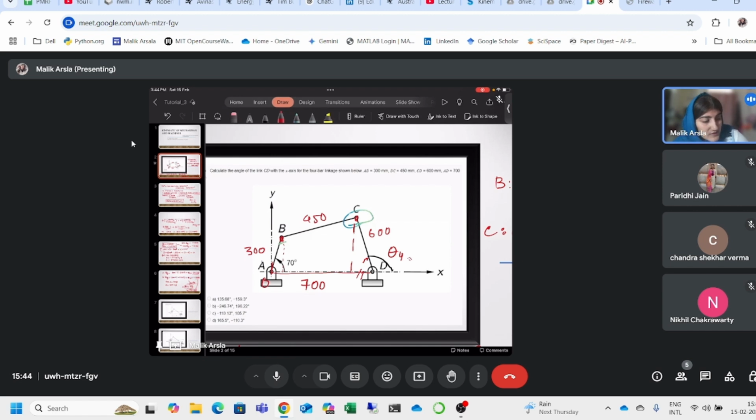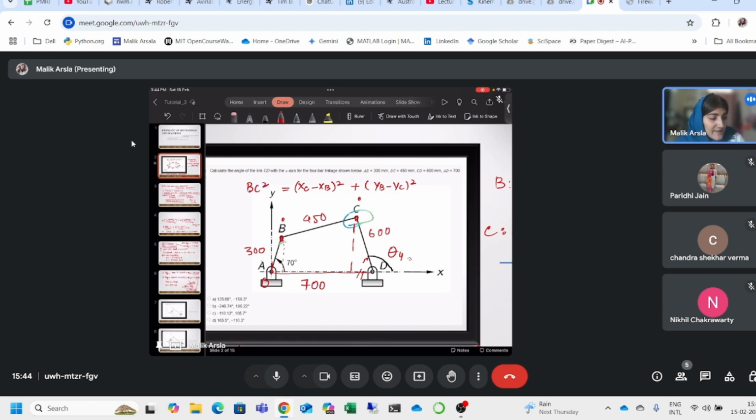So this is one point, this is another point, right? You know that the distance between any two points is given by their coordinates. Say this is point C and this is point B. So xc minus xb whole square plus yb minus yc whole square is equal to the distance between them, that is bc square, right? So bc is 450.